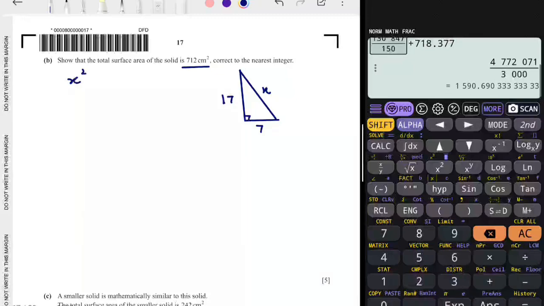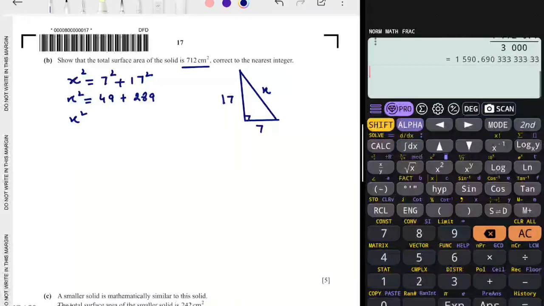That would be x square is equal to square of base plus square of perpendicular. So x square is equal to 49 plus square of 17 is 289, and after adding them, 289 plus 49 is equal to 338.